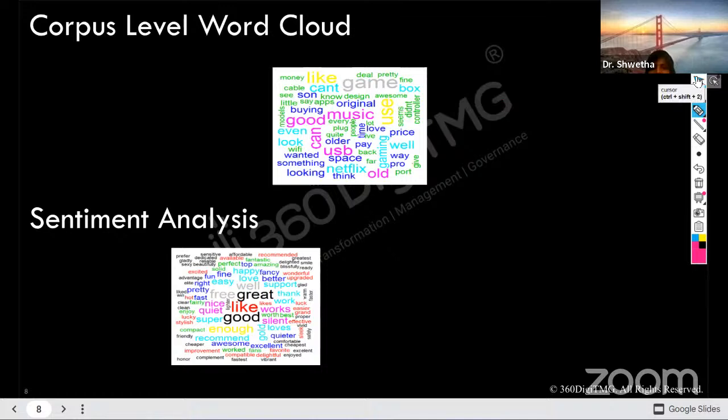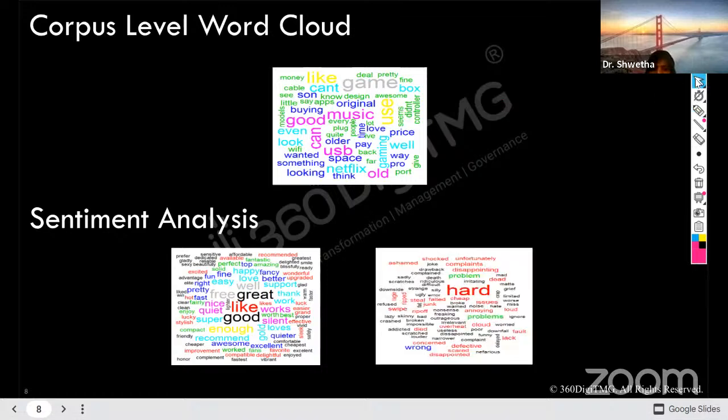Now we can also perform sentiment analysis. So what is the sentiment and what is the feeling? If it is positive, what is it that people are talking about? Then if it is negative, what is most talked about? Here also again, the size determines how frequent it is.